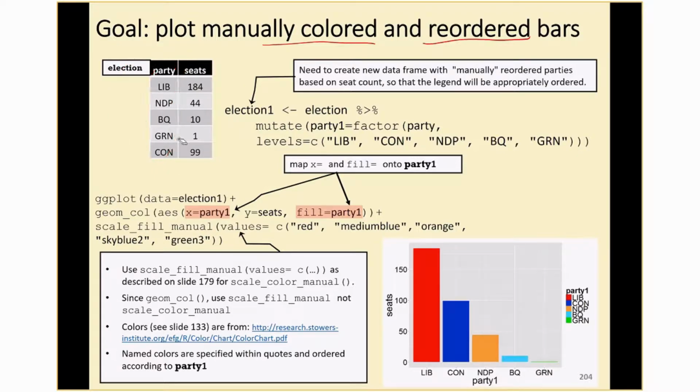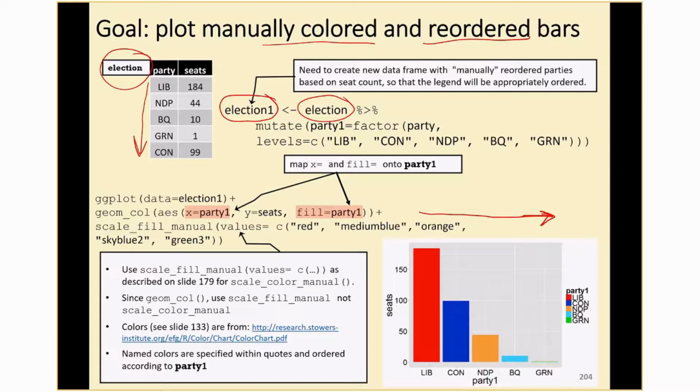Well, the first thing I need to do is if I want these parties ordered properly from left to right, then I'm going to begin by doing the trick that we saw in the last slide. So I'm going to create a new data frame called election 1 that's based on this old data frame election. And what I want to do is I want to manually change the order of the parties.